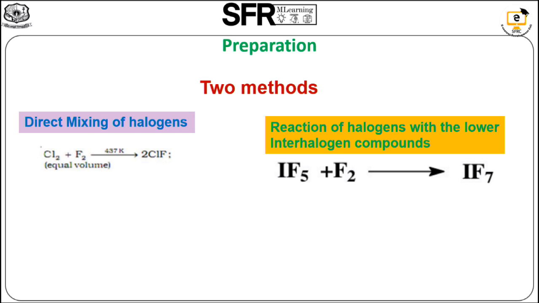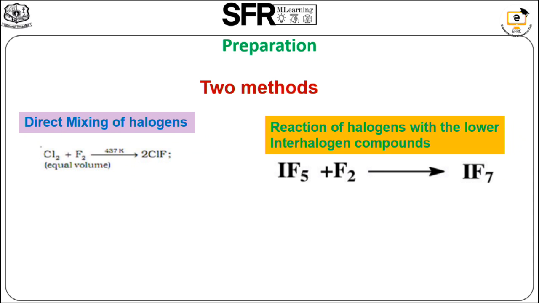As in the definition, the general formula for the interhalogen compound is XX'. Here chlorine is less electronegative compared to fluorine, with which it is combined. We cannot synthesize FCl3 at all. Based on the definition, we synthesize only ClF3 from this direct mixing of chlorine and fluorine molecules.